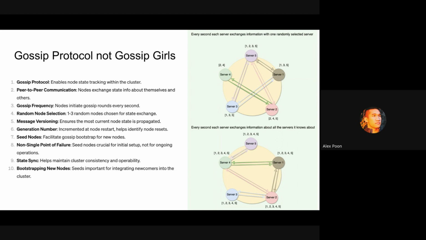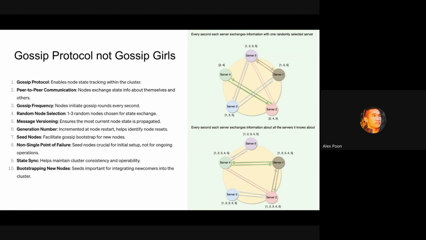Let's talk about seed nodes. To prevent problems in gossip communications, Cassandra designates a list of nodes as the seeds in a cluster. This is critical for a node starting up for the first time. By default, a node remembers other nodes it has gossiped with between subsequent restarts.